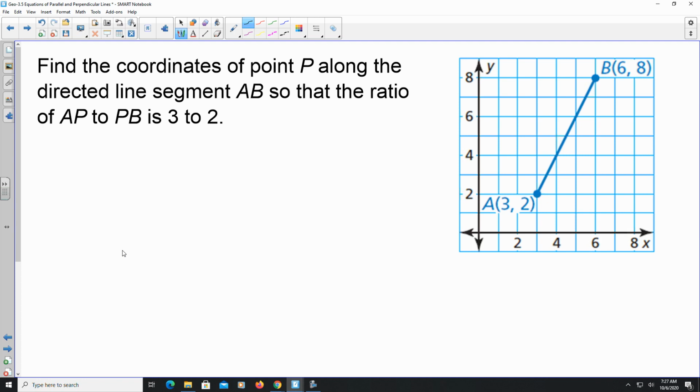Basically, point P is going to be somewhere on this line. I don't know where. But what they're telling us is that the ratio of AP to PB is 3 to 2.